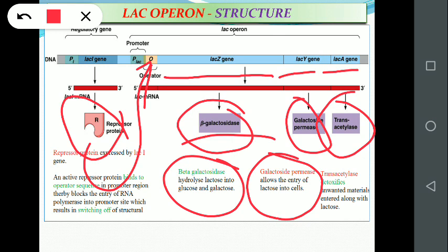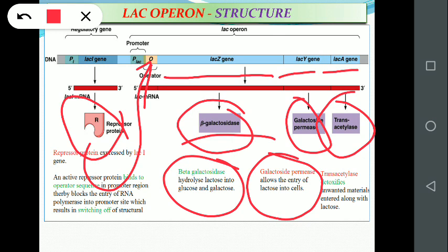The promoter and operator are not two different sequences placed a little apart; the operator itself is a small segment of the promoter sequence.